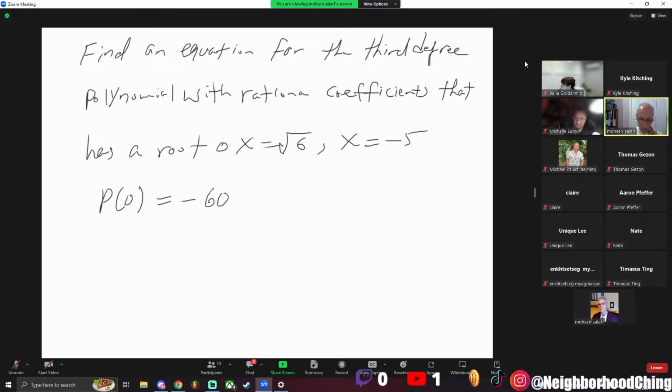So if x equals square root of 6, what other x is there that they're not telling you?